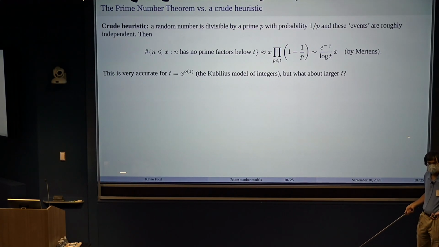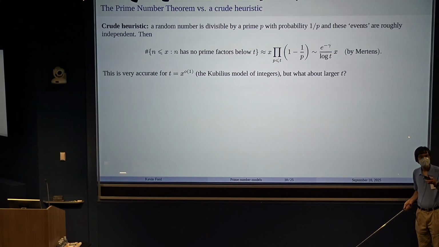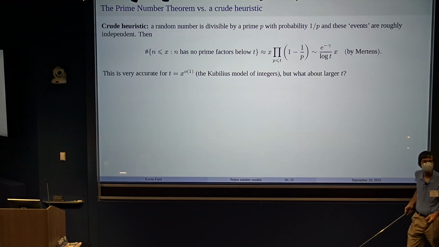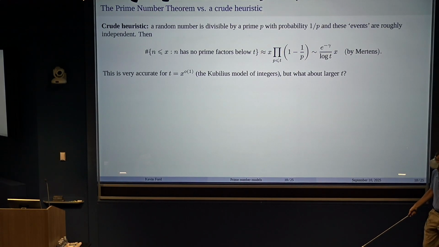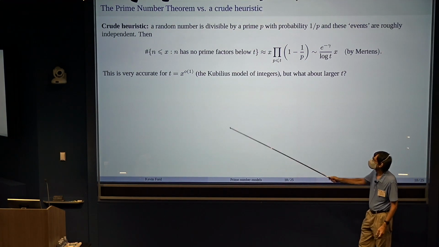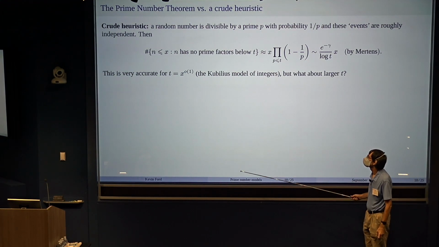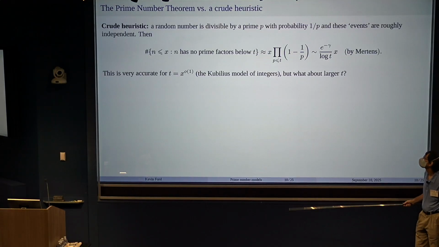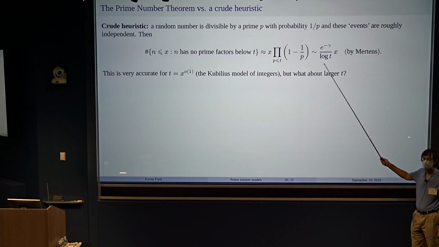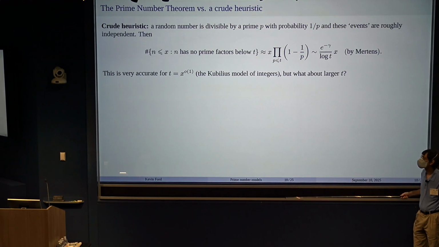Now it is known, and possibly Dimitris will talk about that in his talk. Yes or no? Larger t, yes, right, indeed, exactly. So for small t, x to the little o(1), which is known as the Cramér model, this is known to be very accurate. So this is correct.